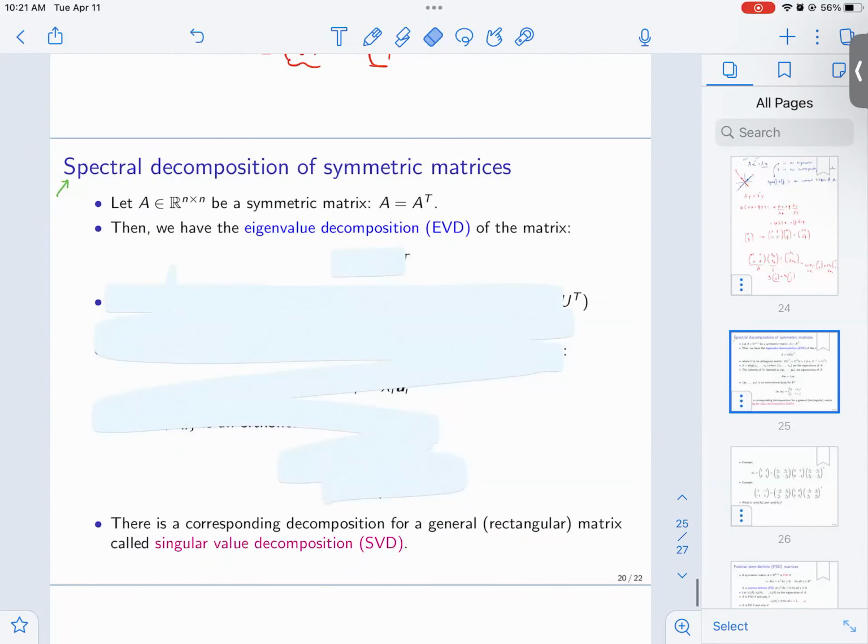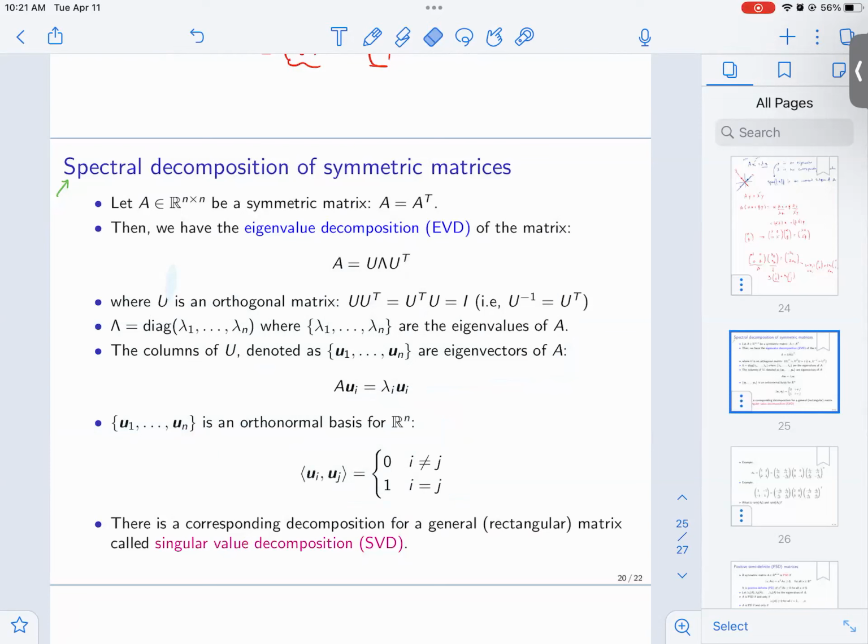It's easier to actually do the more general case. You'll see. In general, I can write every matrix A as U lambda U transpose. These are going to be the columns, so that would be U, and lambda would be lambda 1.